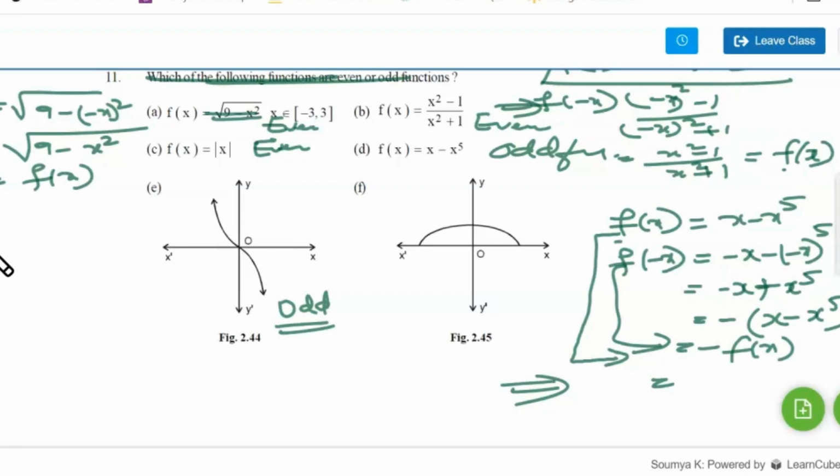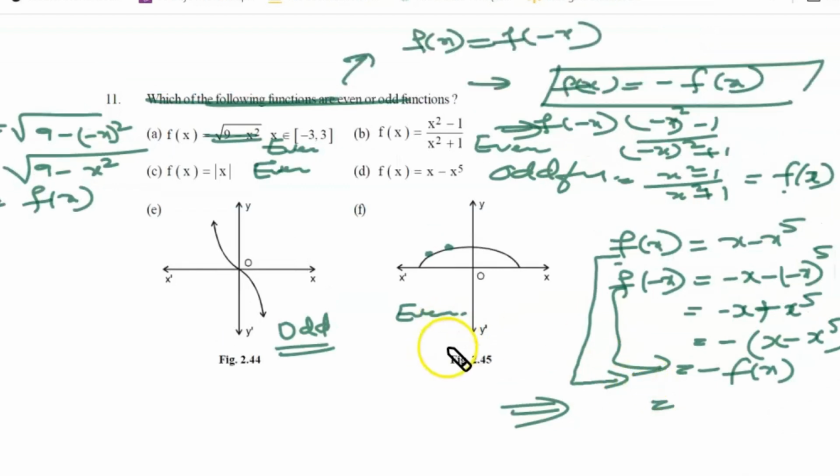Now if you check the f question, you can take any 2 points on the graph, and it represents an even function. Okay, this has symmetry with respect to the y-axis.